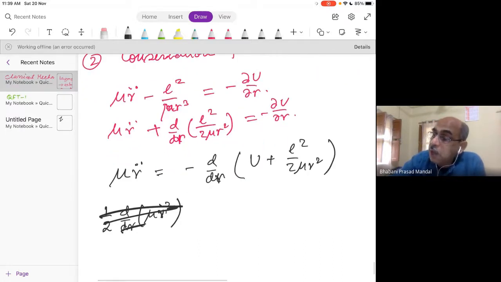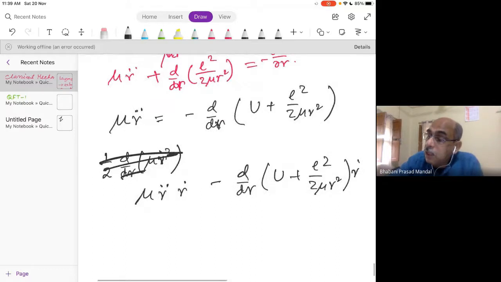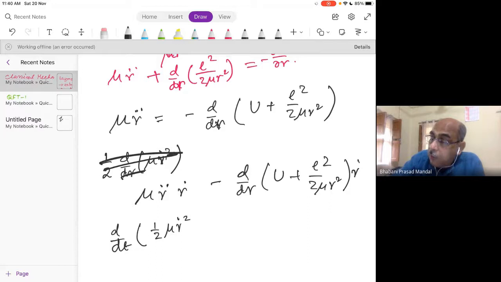Now I multiply both sides by r dot: mu r double dot times r dot, and this side also d/dr of u plus L square by 2 mu r square times r dot. Then this side I can write d/dt of half mu r dot square.